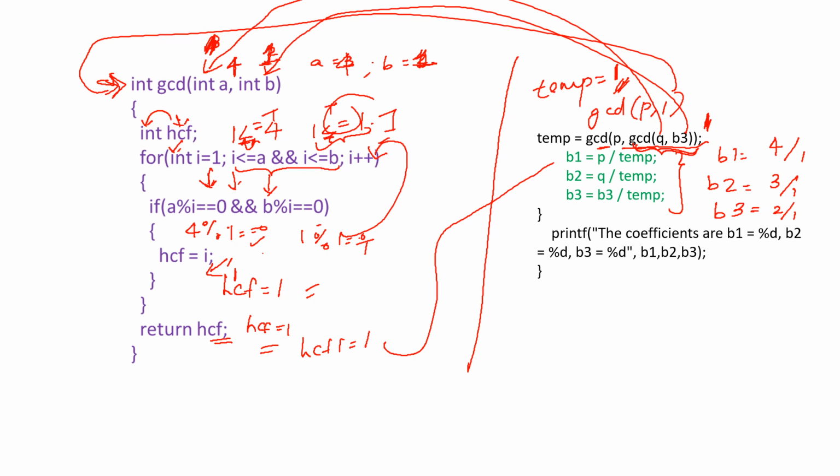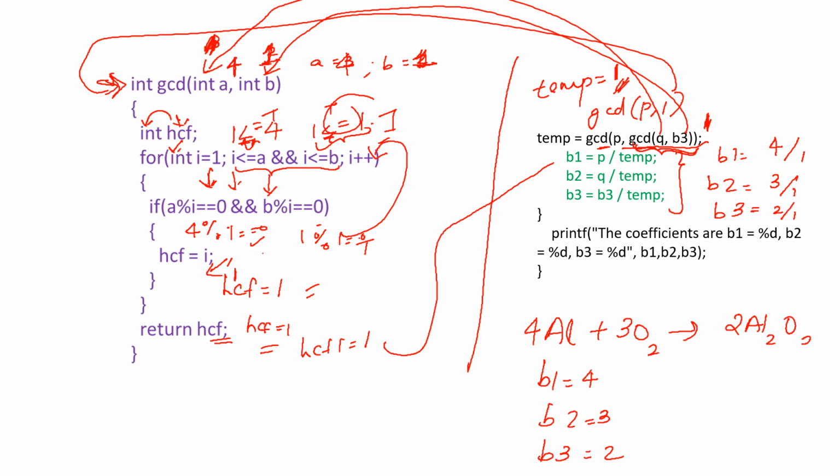Are you getting the balanced equation? B1 is equal to 4, B2 is equal to 3 and B3 is equal to 2. So what will be your equation? 4 aluminium plus 3 oxygen will be equal to 2 aluminium oxide, Al2O3. So B1 is equal to 4, B2 is equal to 3 and B3 is equal to 2.